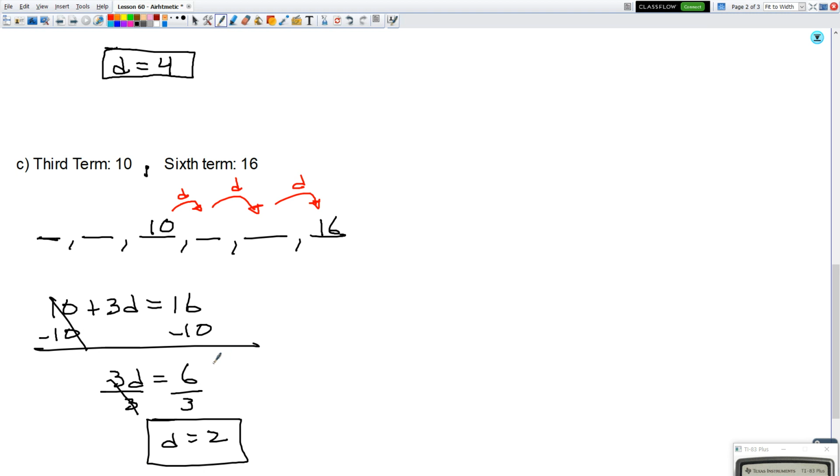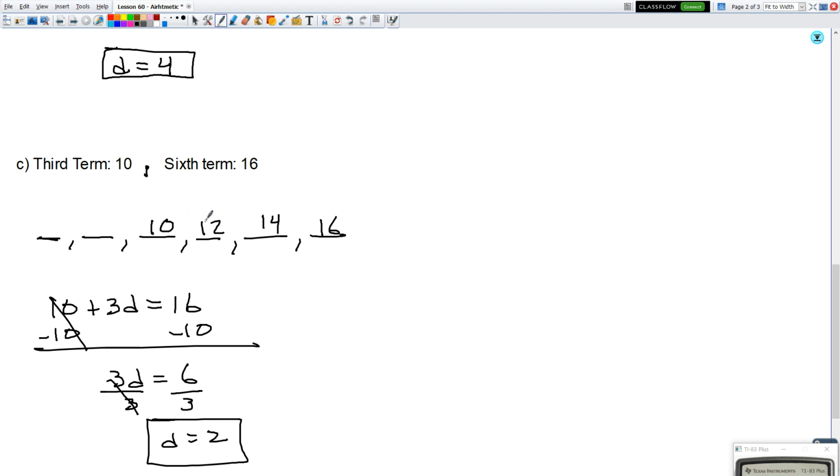That's perfect. We need to know what the first term is. But before we do that, let's actually double check to make sure it's true. So 10 plus the common difference, that's 12, plus another common difference, that's 14, plus another, that's 16. So that works great. Now, how can we figure out what the first term is?